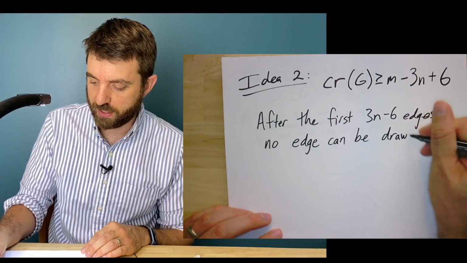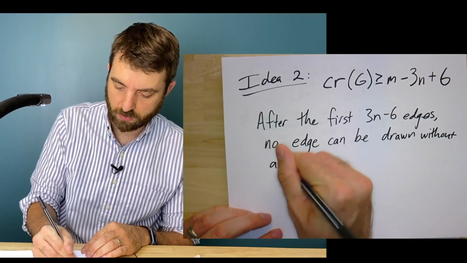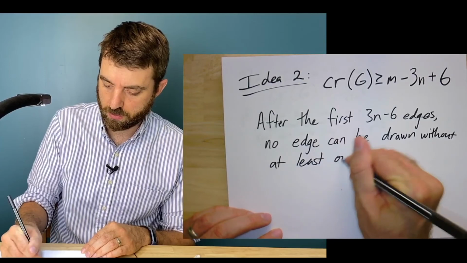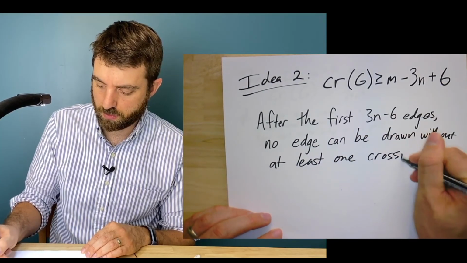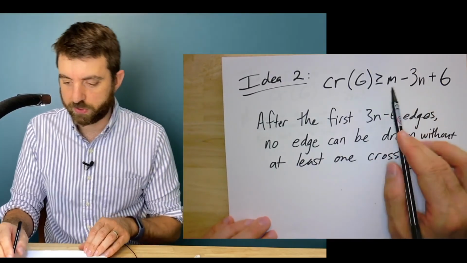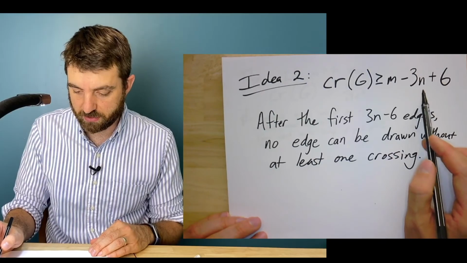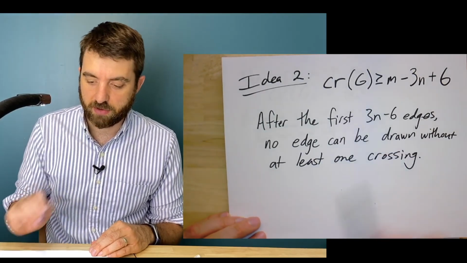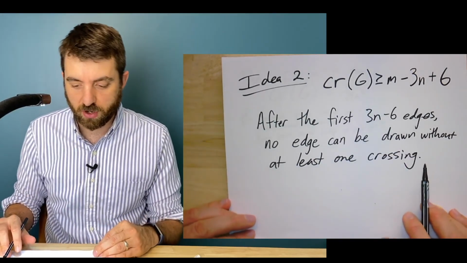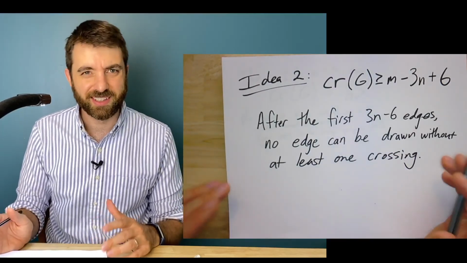And so putting this together, we get this bound, which is just saying that the number of edges minus those first 3n minus 6, every one of them gives at least 1 new crossing, and so that is a bound. Let's look at how good it is.